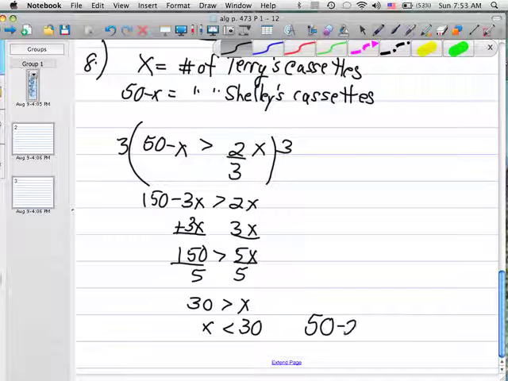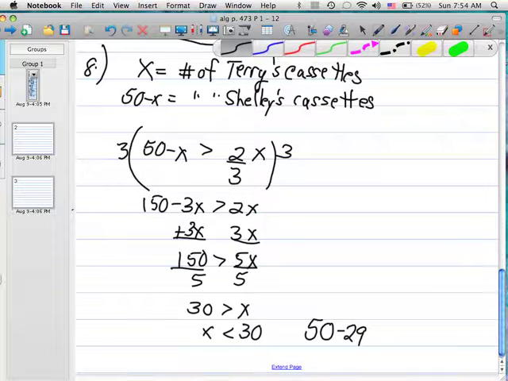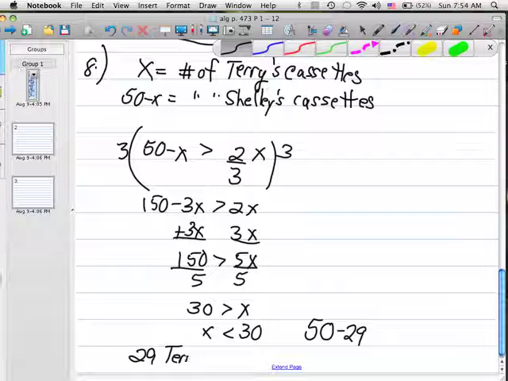Take away 29. The most that Terry could have would be 29. Less than 30 would have to be 29 for Terry. And the most that Shelley could have, if I take 29 from 30, would be 21.